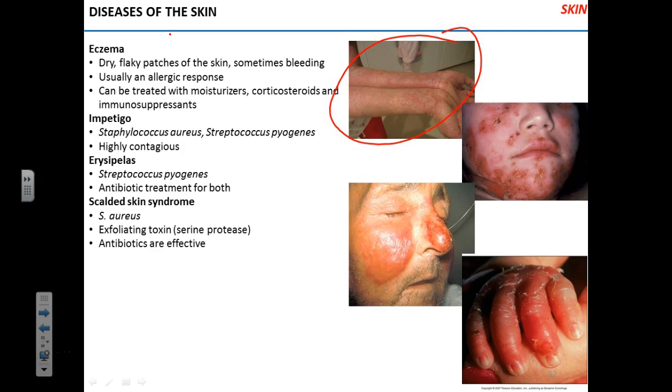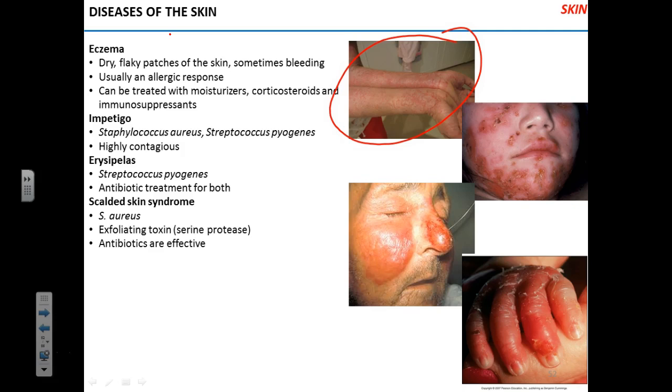There are two major causes. One is overwashing, just dry skin, which can be treated with moisturizers. And another is an allergic response or any other sort of autoimmune condition, because essentially allergy is immunopathology. It's the immune response to things that you're not supposed to develop an immune response to.